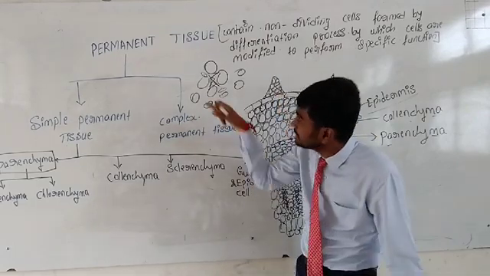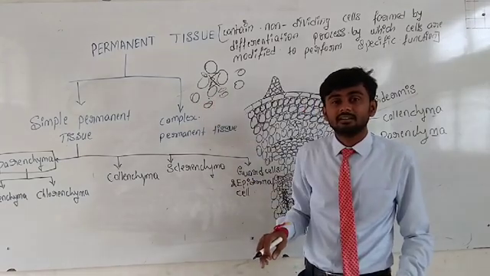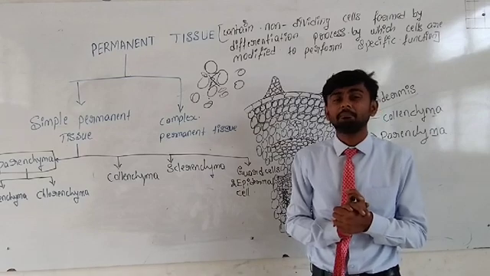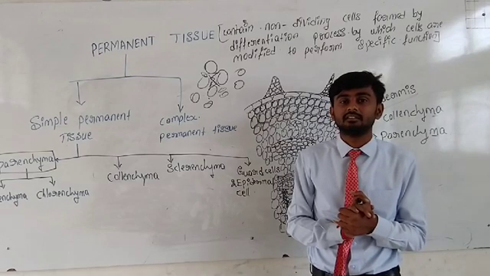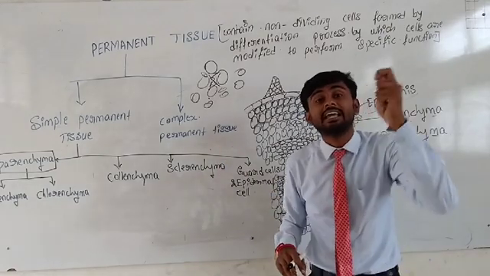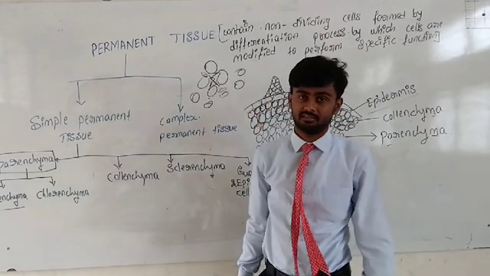In that space, the air is present. That is known as what? Aerenchyma. That is also very important.